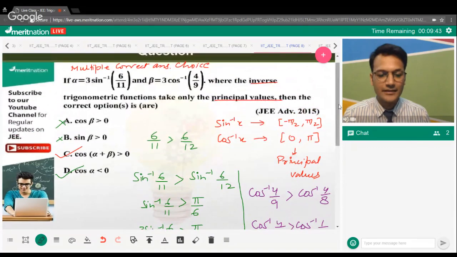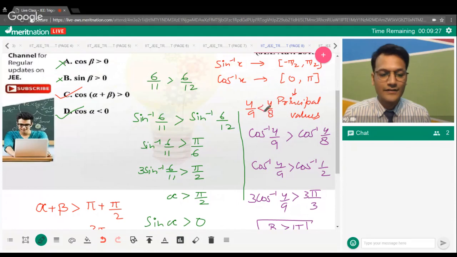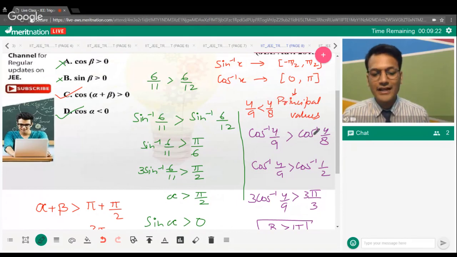Similarly, if I talk about cosine, we know 4 by 9 and 4 by 8. The lower the denominator, the higher the value, so this value is higher. Cosine is a decreasing graph. Therefore, if I apply the inverse of cosine, the inequality will change: a lower value will give me a higher outcome.